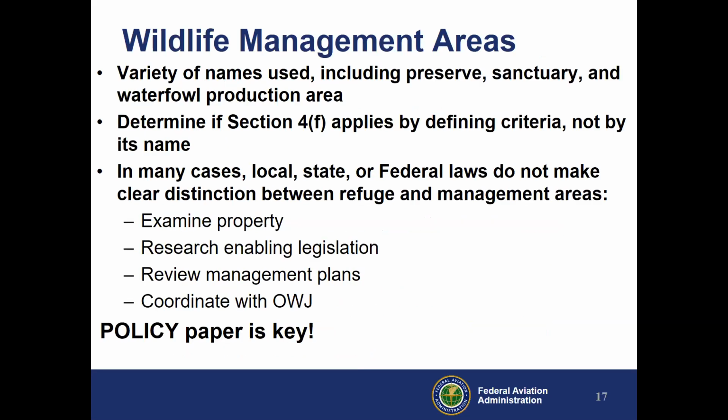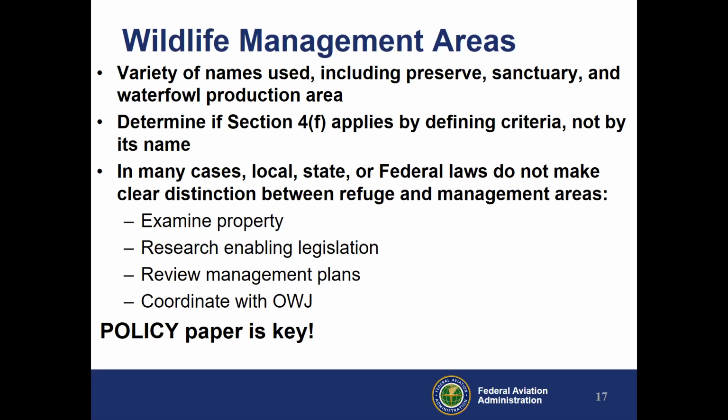Wildlife management areas are also a tricky situation because the naming convention is unique and sometimes used loosely. We see terms used such as preserve, sanctuary, waterfowl production areas. We also have wetland easements and grassland easements. So there's a number of things you have to go through in the detailed list under the policy paper to determine whether or not 4(f) applies.